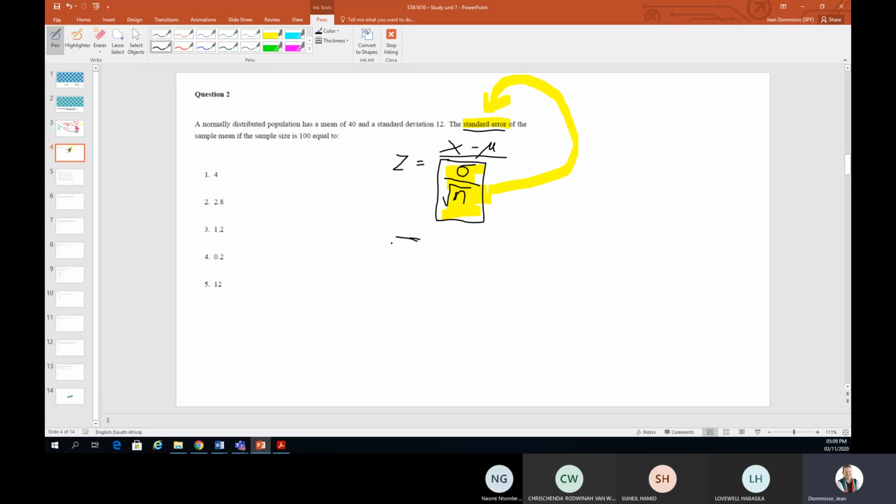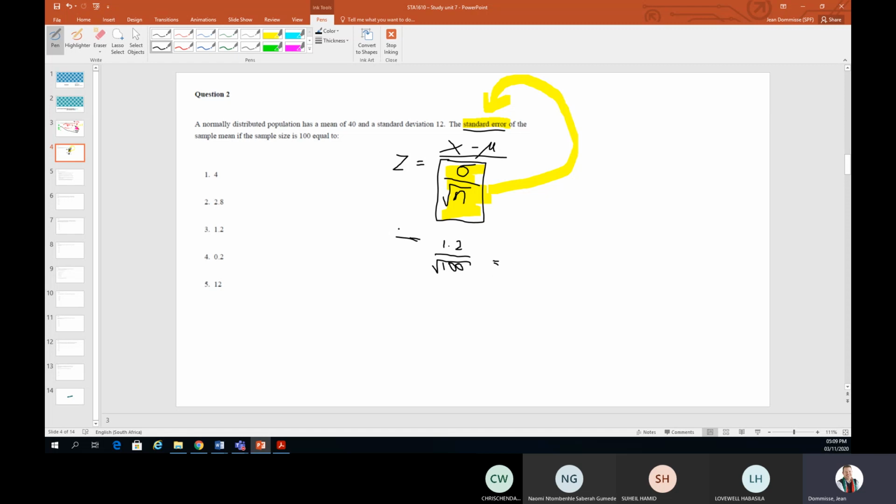So we look at what the standard deviation is. The standard deviation is 1.2, and we need to divide by the square root of n. So n is 100, and the square root of 100 is equal to 10.